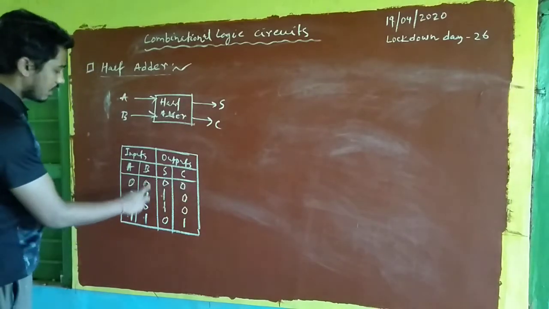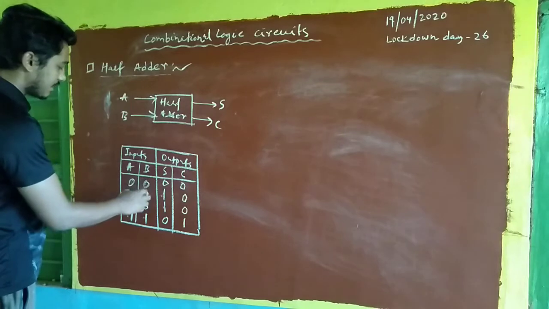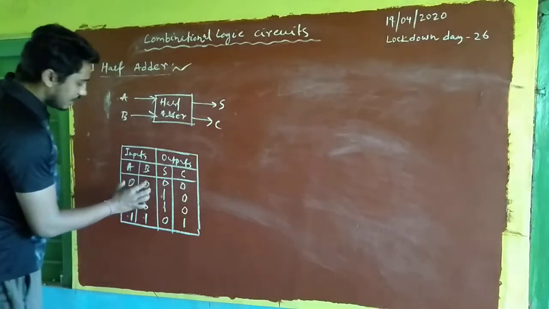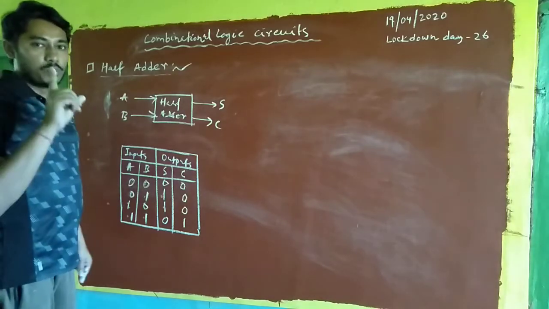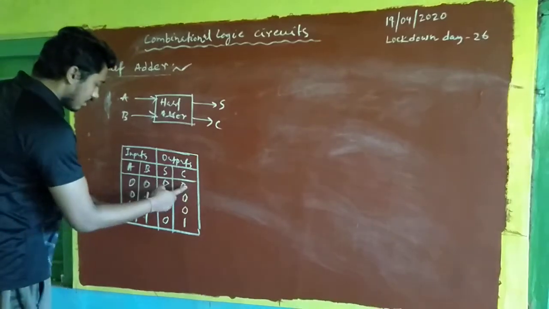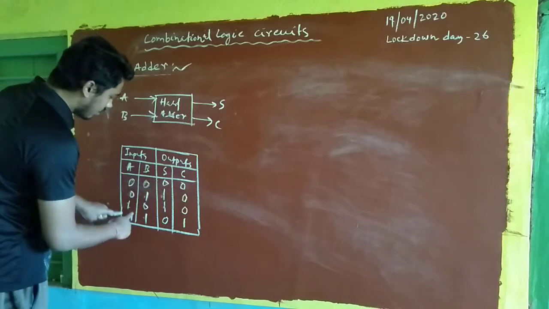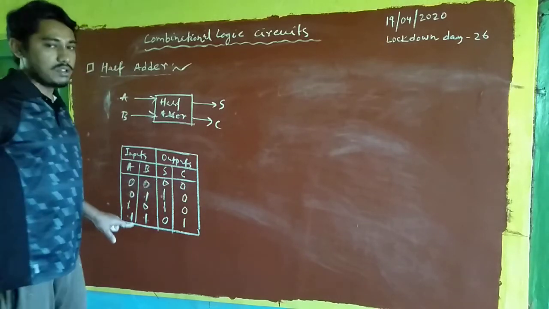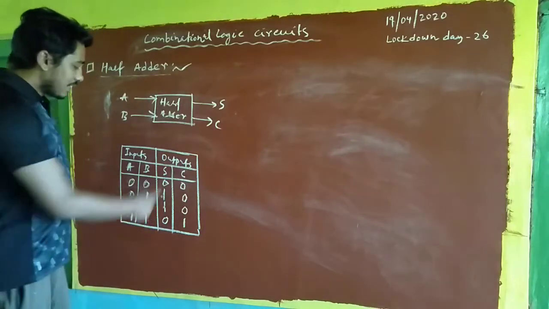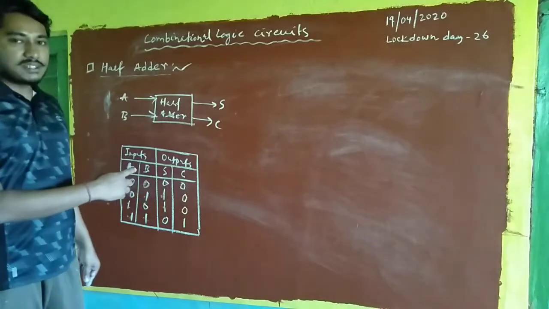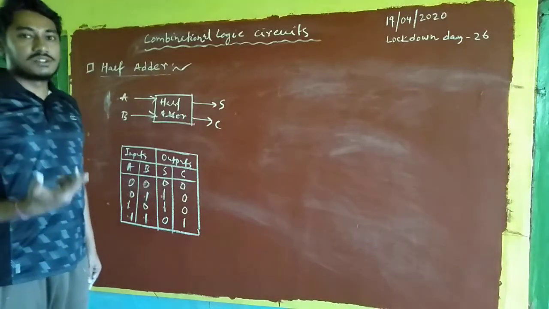If you see all those four combinations, the output is 1 when any one input is 1. But for the remaining two combinations, A B equal to 0 0, summation is 0, and A B equal to 1 1, summation is also 0. Now one can identify which logic gate operation this is. Obviously it is the XOR gate.